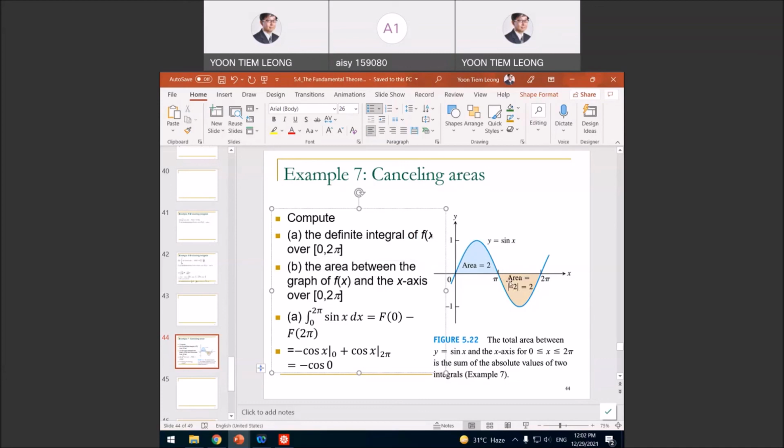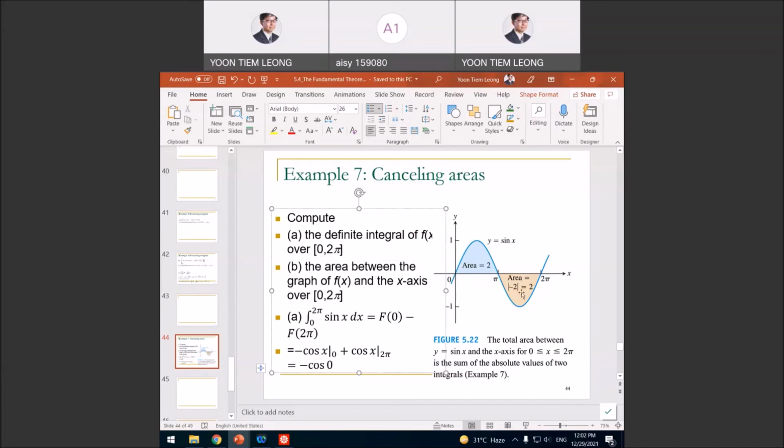The area is a positive value, right? Area is like the area. You cannot have negative area. So if you want to calculate the area, you have to integrate the sine from 0 to pi. Then you can evaluate that quite easily.